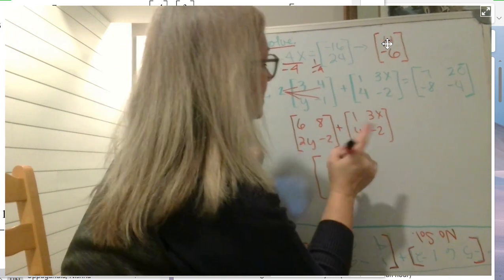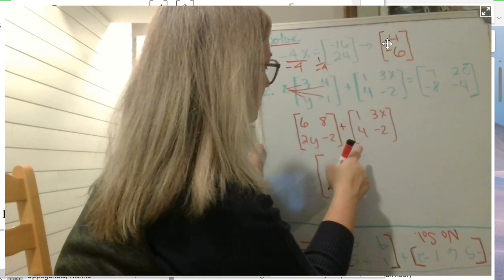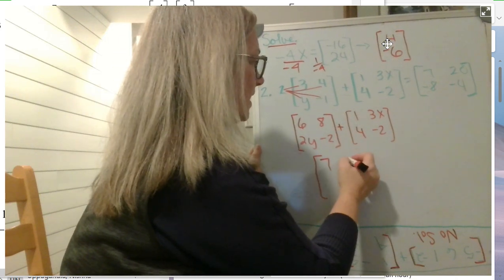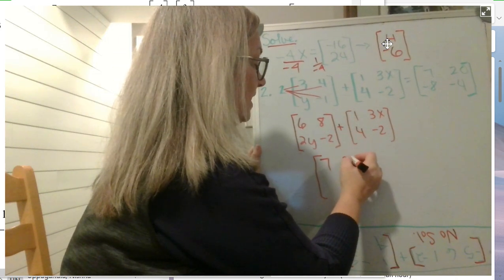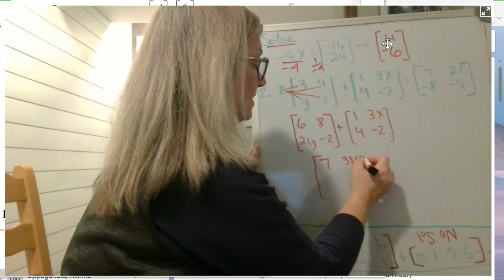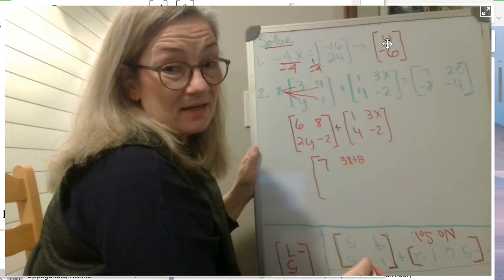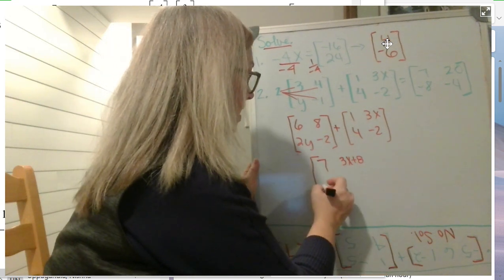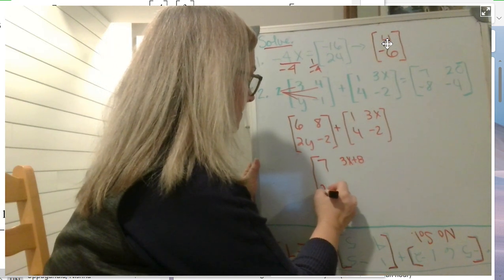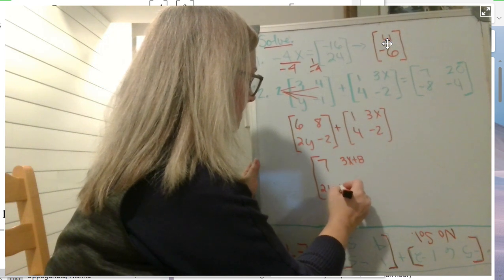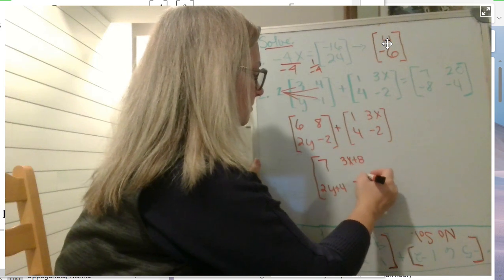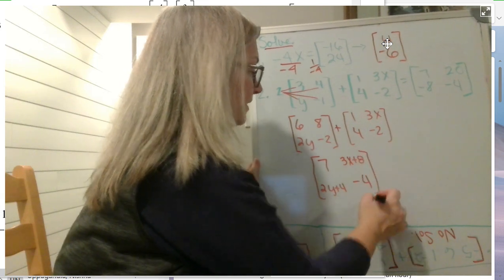I'm adding because this is a 2 by 2 plus a 2 by 2. So I've got 7 and 3x plus 8. If you said 8 plus 3x, that's okay. You can do that. 2y plus 4, and negative 2 plus negative 2 is negative 4.